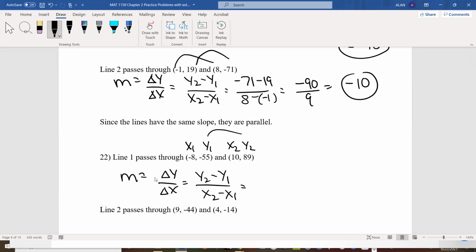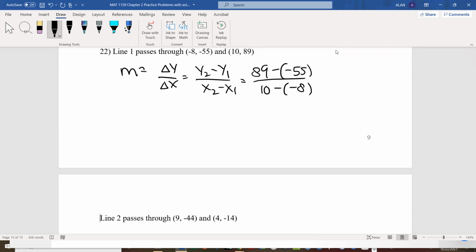So the difference in the y's is 89 minus a minus 55. The difference in the x's is 10 minus 8. So this one is equal to, basically you're taking 89 plus 55, 144, over 18.